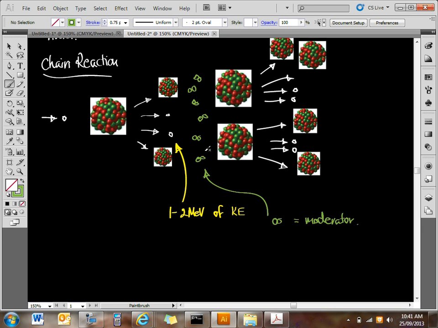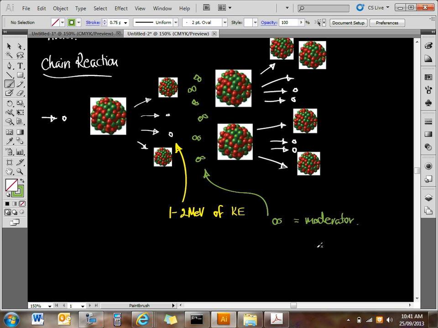However, if you have nuclei that it collides with that are approximately the same size, or very low mass nuclei, then it's going to impart some of its kinetic energy to those low mass nuclei, and it's going to lose some and slow down essentially.